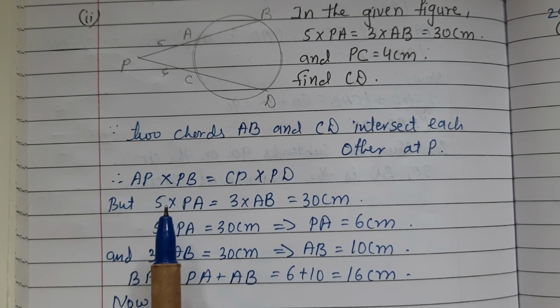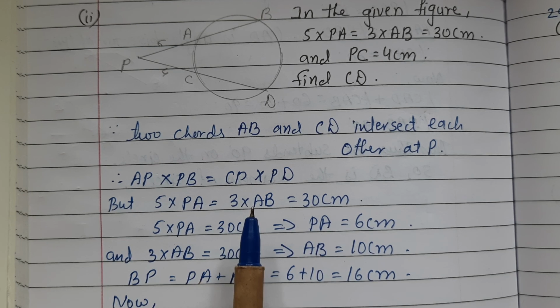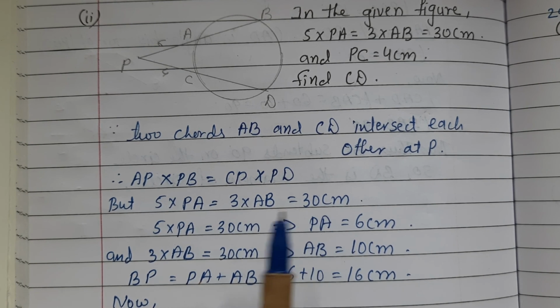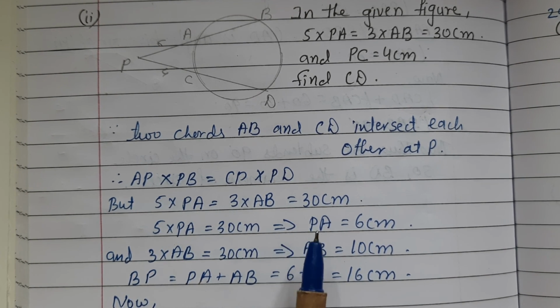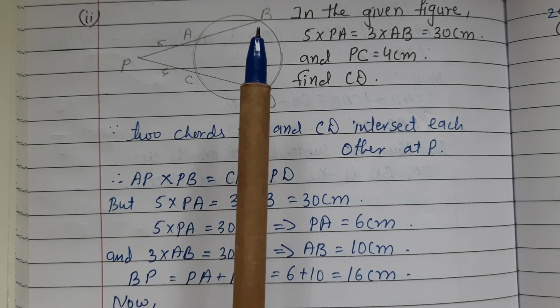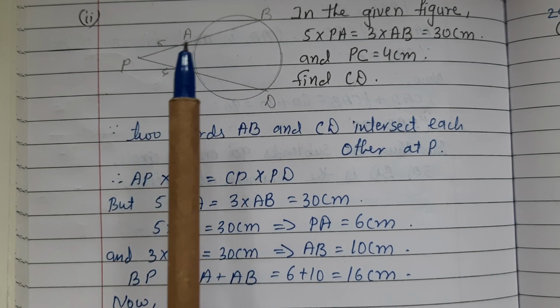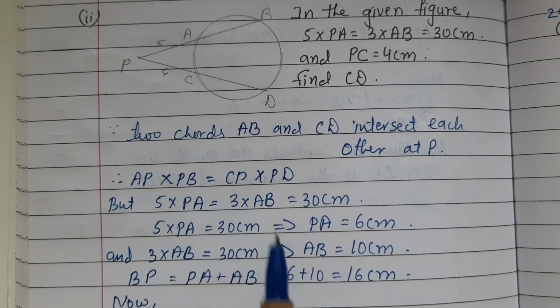But 5PA is equal to 30 cm, so PA equals 6 cm. 3AB is equal to 30 cm, so AB equals 10 cm. PB is PA plus AB, which is 6 plus 10 equal to 16 cm.